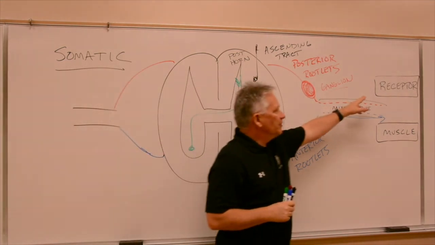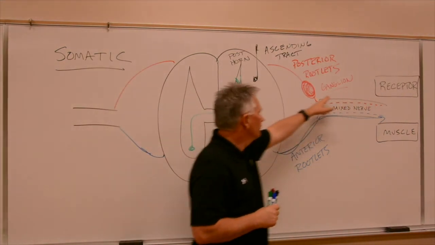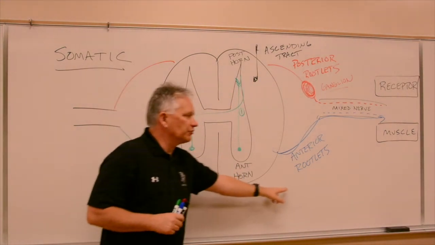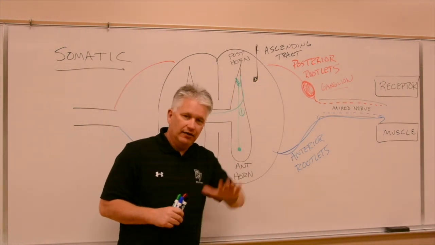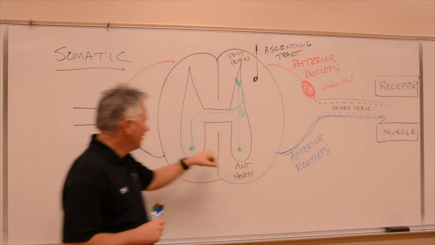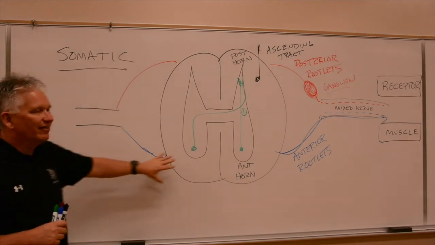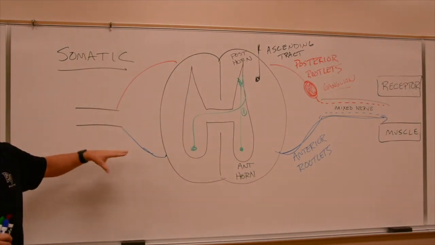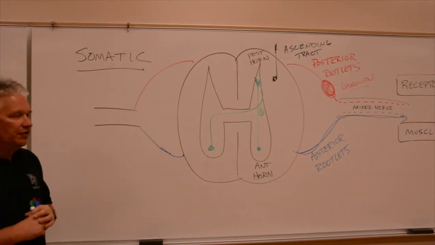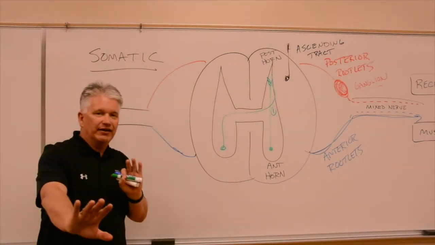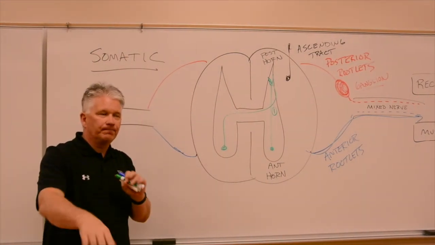So my piece of glass on the left foot is causing a flexor response on the same side. I pull that foot up, but at the same time, I'm stimulating my extensor muscles on the opposite side of the body, that contralateral reflex. And again, it's a protective mechanism so we don't fall down.